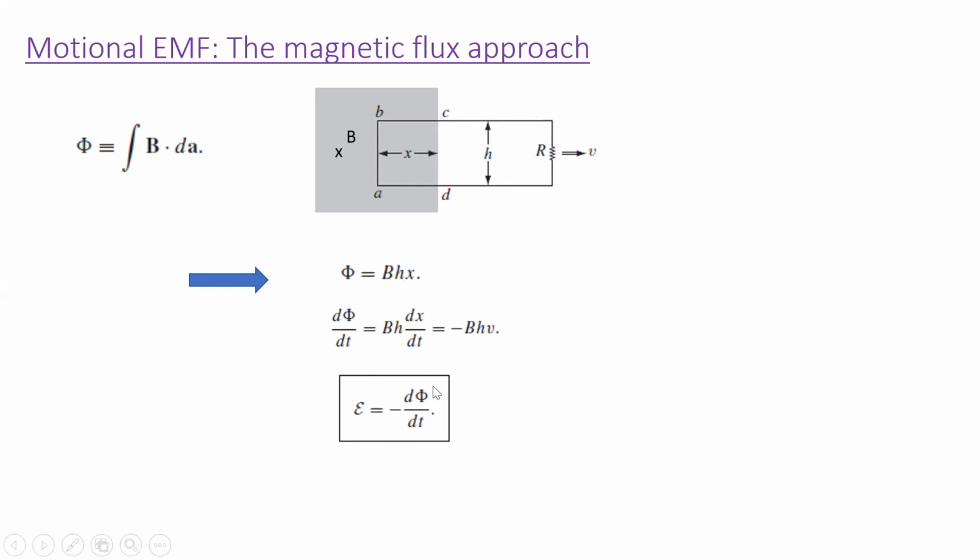So it turns out to be a very general relationship, even though we just showed it for a very specific geometry. This is a preview of Faraday's Law of Induction, which we'll be talking about next class.